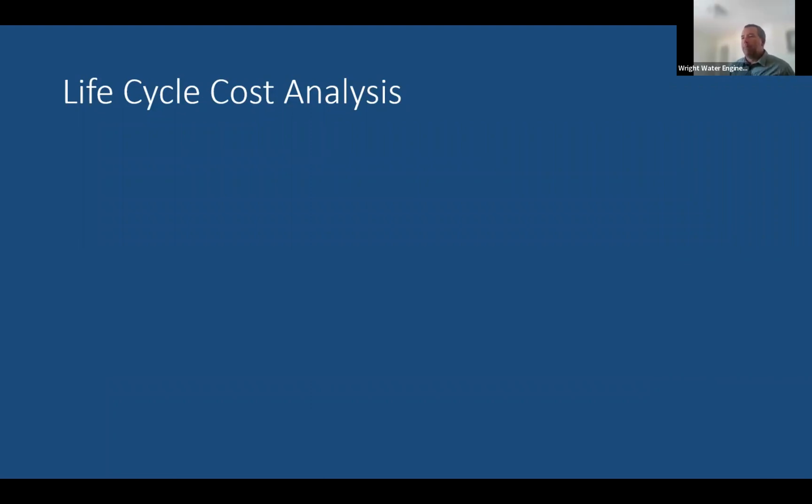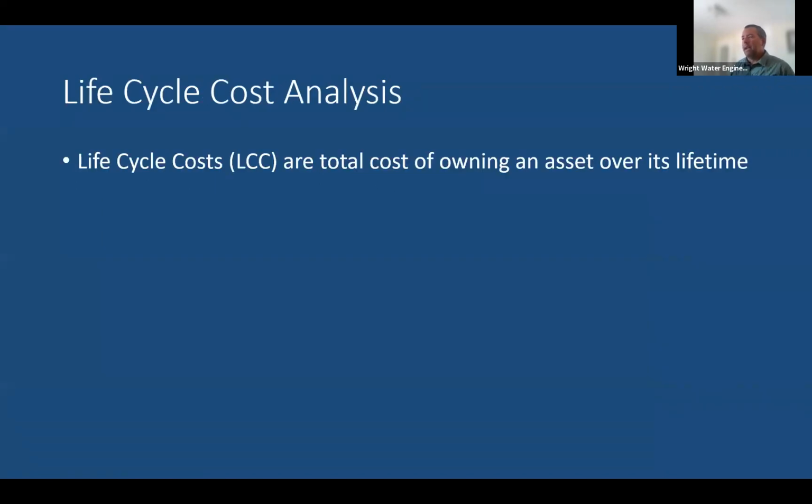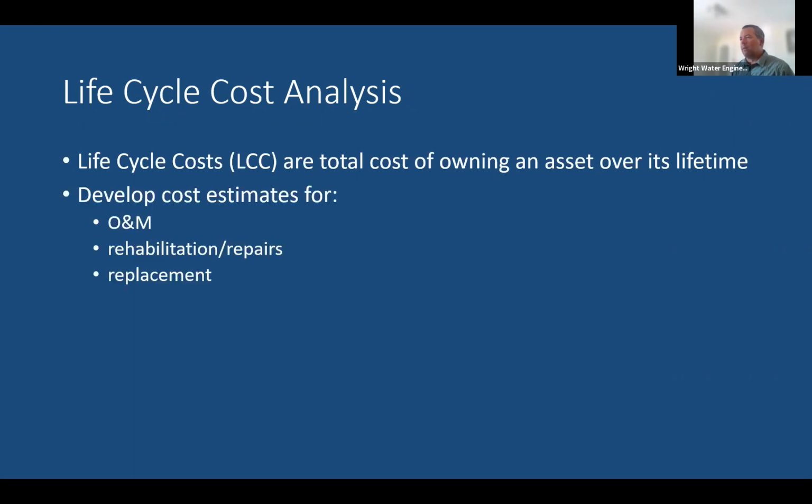So then at this point, we have risk scores for everything. And now really what we want to do is get into our life cycle cost analysis. And again, life cycle costs are the total cost of owning an asset over its lifetime.